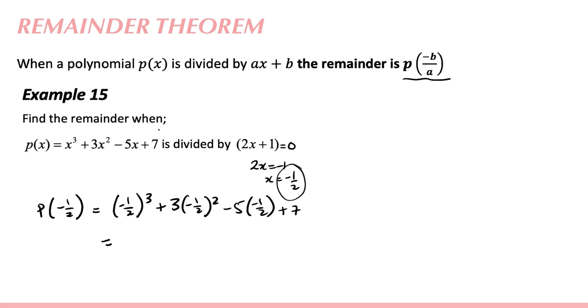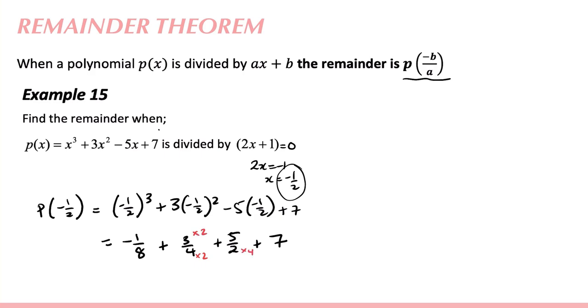Okay, so let's give this one a go. To the power of 3, that will be negative 1/8. To the power of 2, a half to the power of 2 is a quarter, positive quarter, because it's squared, and then times 3, so that'll be 3/4. Then we'll have positive 5 on 2, and then we will have 7. Now, lots of ways to do this. I think the easiest way is just to make it all on a denominator of 8.